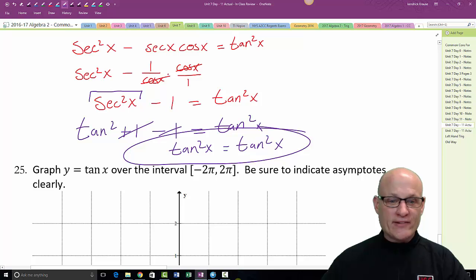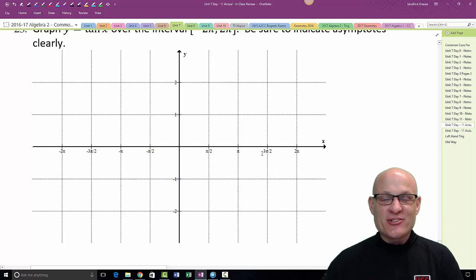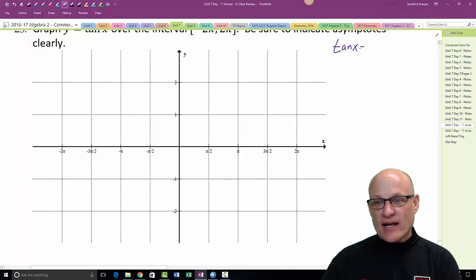All right, boys and girls, last problem. Graphing the tangent curve. Now, if you remember correctly, tangent is undefined when cosine is equal to 0. So tangent is undefined because it's sine over cosine. It's always undefined when cosine equals 0.